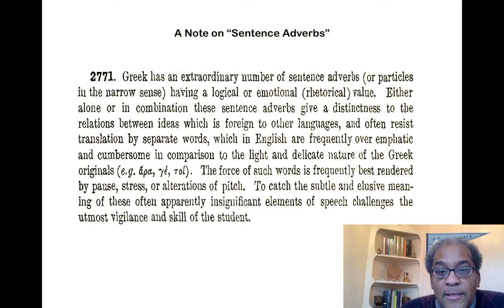Example, ára, ge, toi. The force of such words is frequently best rendered by pause, stress, or alternations in pitch. So that's the key idea here. You have these wonderful tiny little particles in Greek, these tiny little two or three word things that often are equivalent to what in English is merely a matter of pause, stress, or pitch.